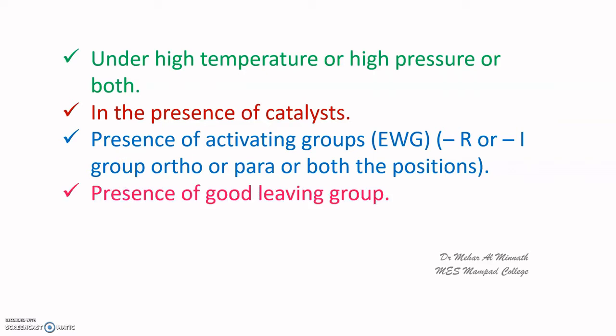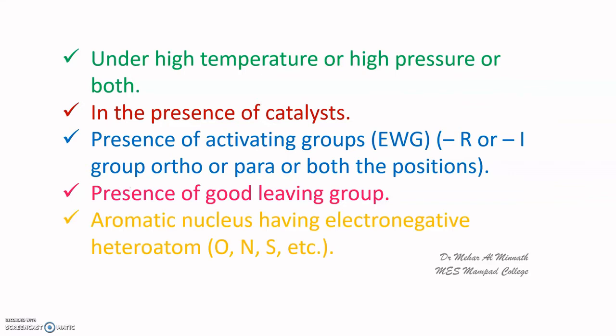Or you can introduce a very good leaving group which will easily leave the substrate, and then a nucleophile can come. Another way is to introduce an electronegative heteroatom into the aromatic nucleus. Then also this aromatic system will undergo nucleophilic substitution reaction.